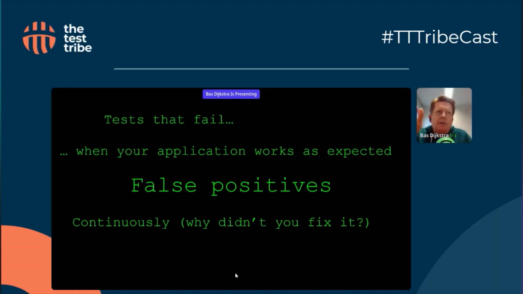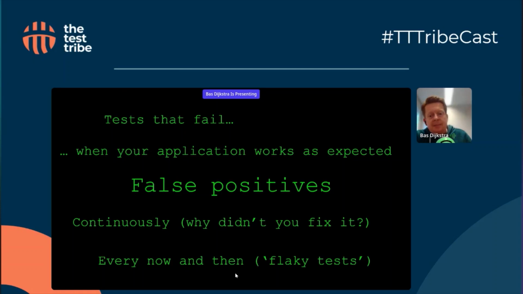It's not giving you any valuable information at all. Or tests that fail every now and then. So sometimes they fail, sometimes they pass. And you might know them better as flaky tests. So tests that produce different results, different information, when there's not really a change in the application or in the system that it's testing.